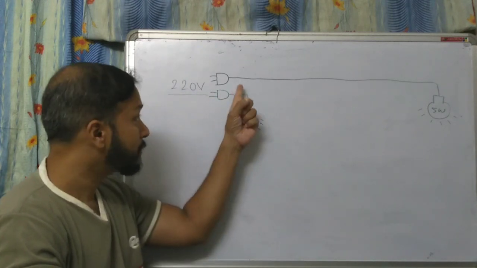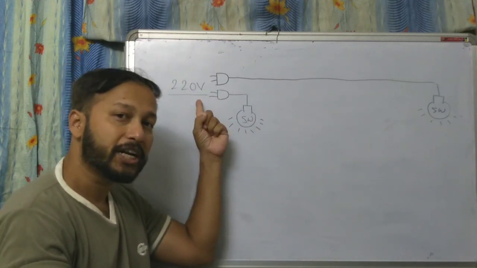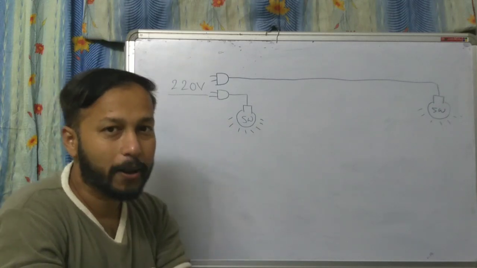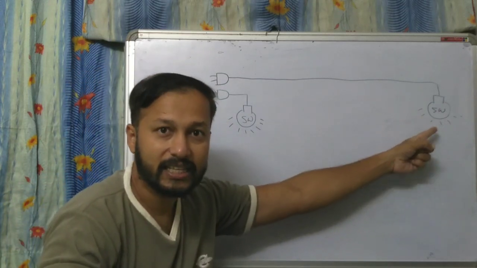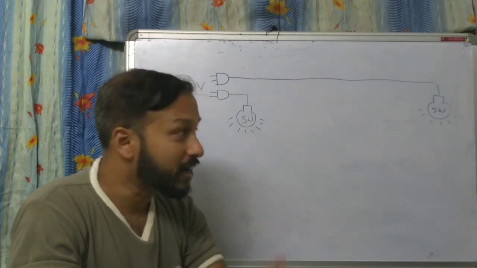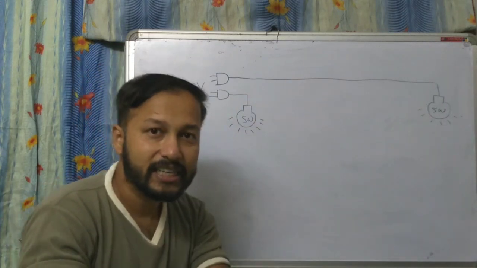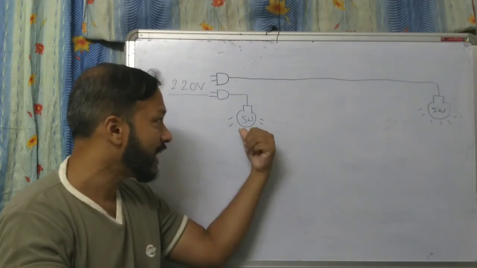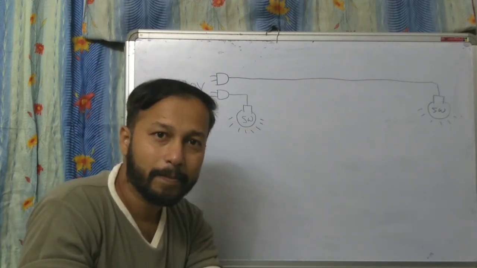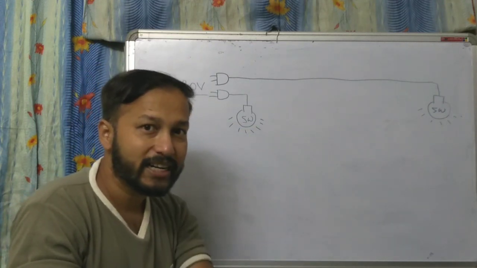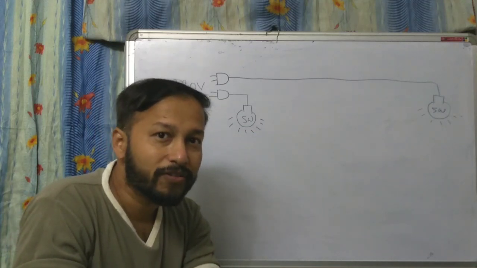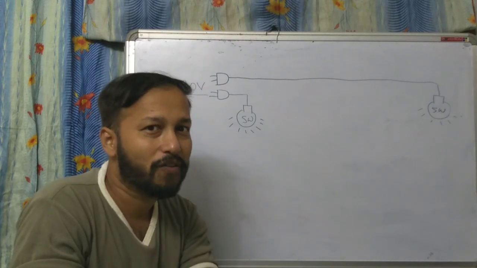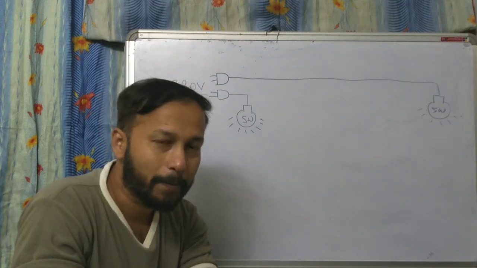Though both the bulbs are connected with the same potential difference of 220 volt, in this case the amount of current reaching there is less, but here the amount of current is more. Why? Because of the resistance of the conductor.